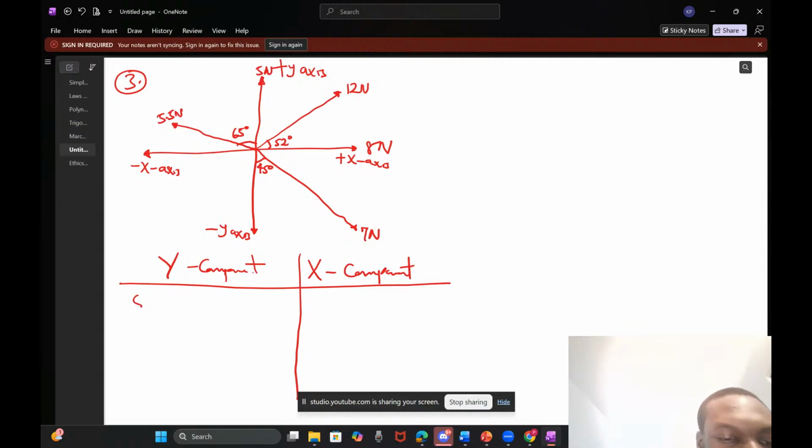So this is 5 sine 0 degrees for the y component, and that will give us 0. So the angle from here to this x-axis is 90 degrees. So for the x component, that will be 5 cos 90 degrees, and it will also give us 0.